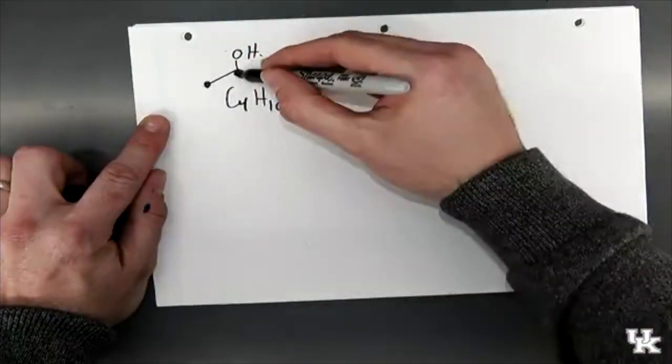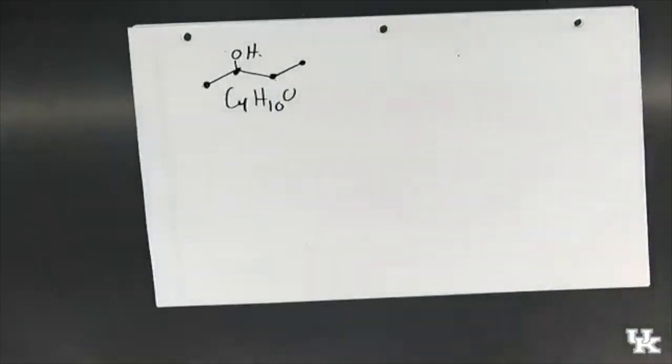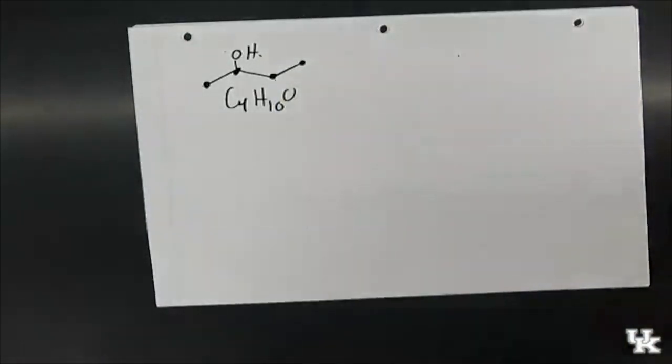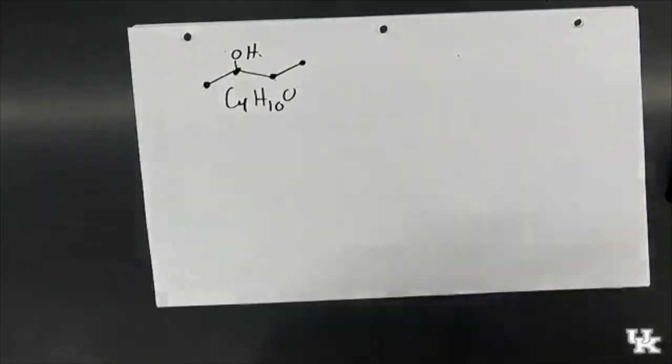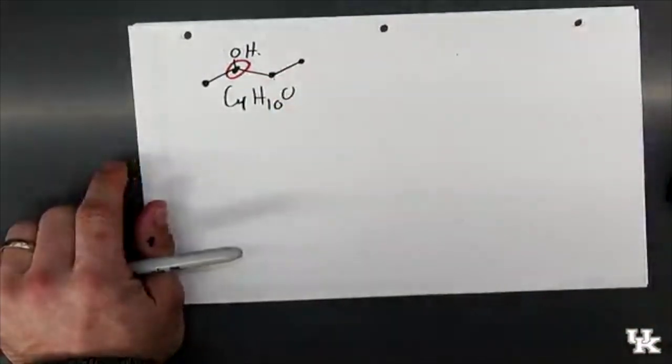Hopefully you guys can see that. And I'm going over this again to think about bond line drawings and make sure that we're all on the same page. And we're talking about stereoisomerism, right? And we're talking about carbons that can be chiral. There is a chiral carbon in 2-butanol, otherwise we wouldn't be talking about it, and it's here.